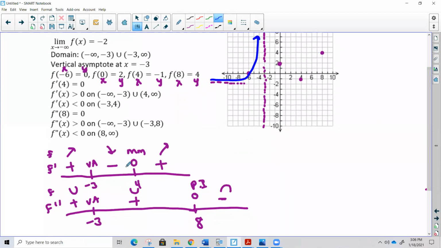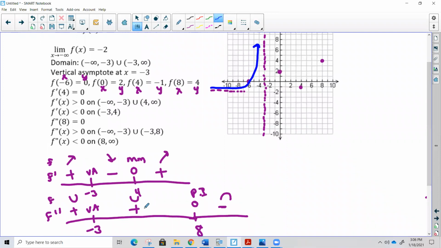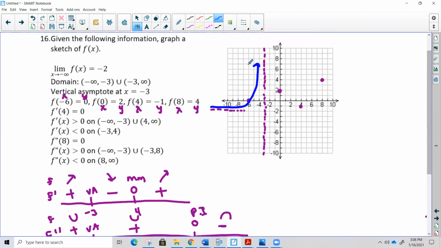Okay, so then from the vertical asymptote, I know it's decreasing and concave up. It's decreasing until I get to x equals 4, and it's concave up until I get to 8. So when you do a vertical asymptote, you are either tracing it this way, or you could come from down here and come up.